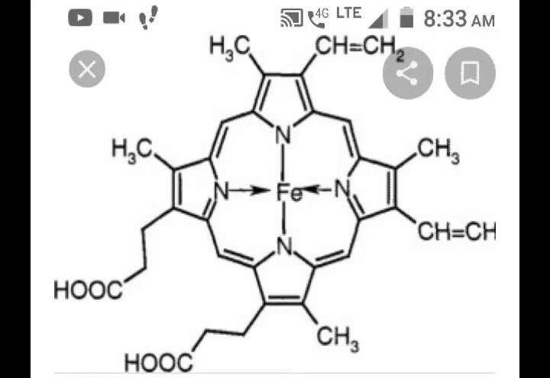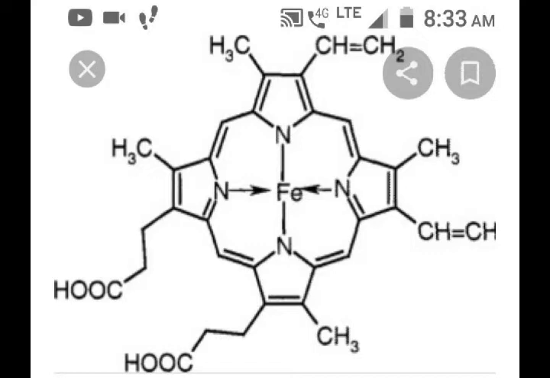Now, let us see the structure of hemoglobin. This hemoglobin actually contains 4 units, each with a porphyrin ring. That porphyrin ring only is getting attached to the globin molecule. So, this ion is forming a coordination complex with an octahedral geometry.